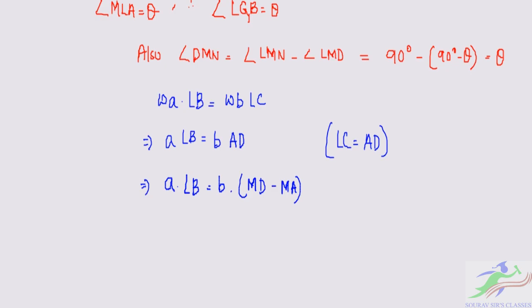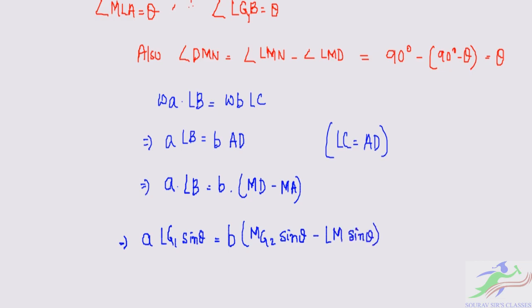Here LB is LG1 sine theta, which equals B times MD, that is MG2 sine theta, minus LM sine theta.